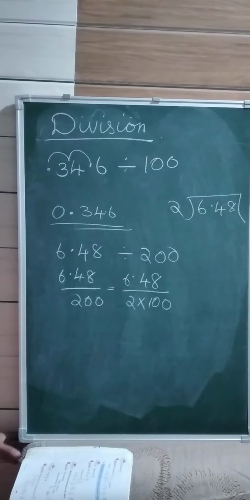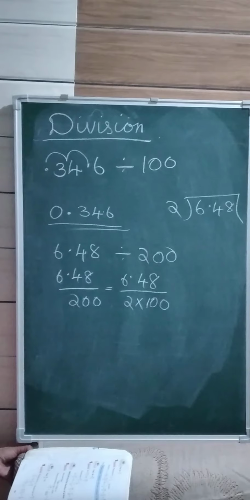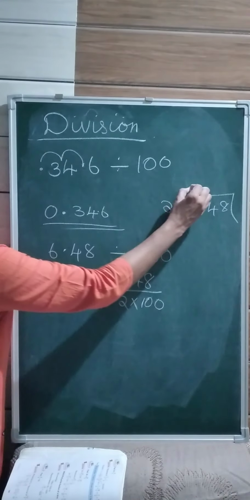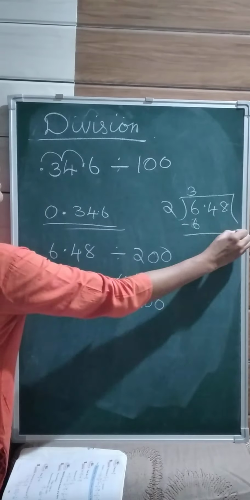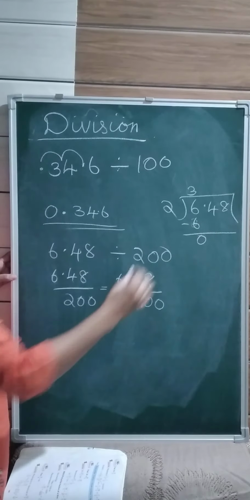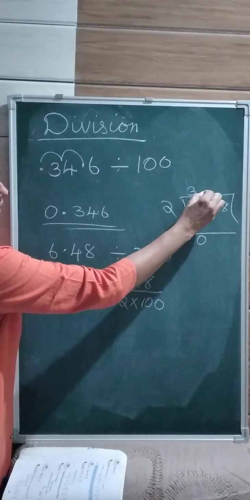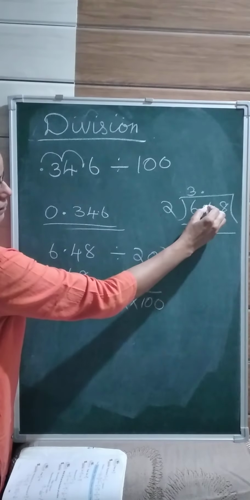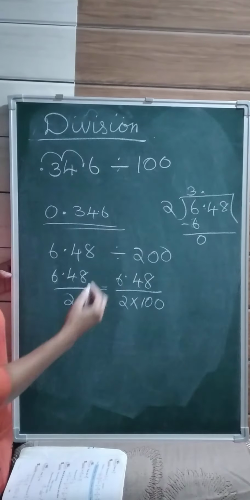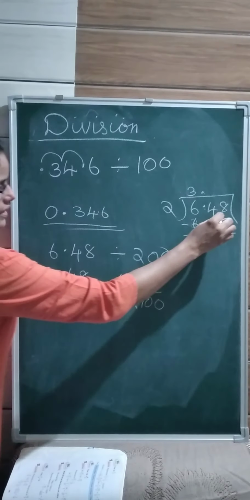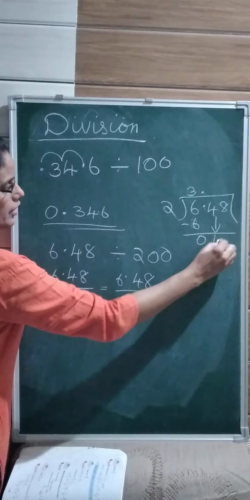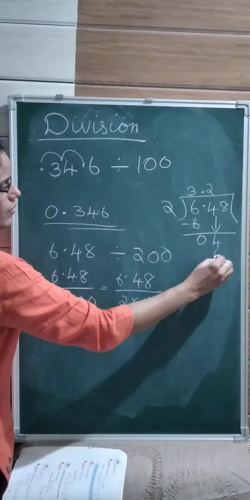Divide 6. How many 2s? 3 2s. Now put the decimal in the same order. Next number is 4. In 4 it is 2 times.